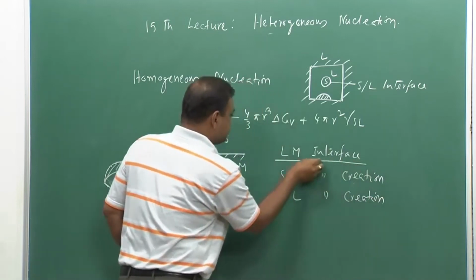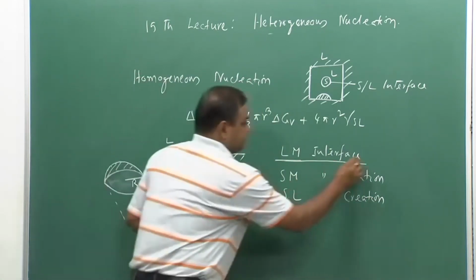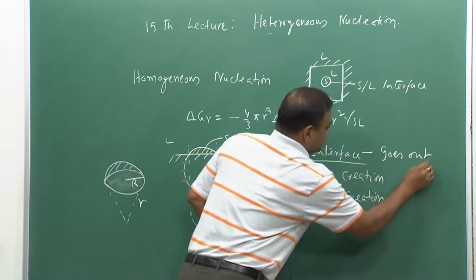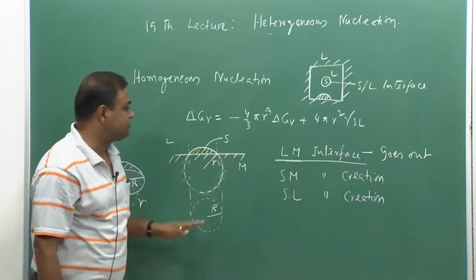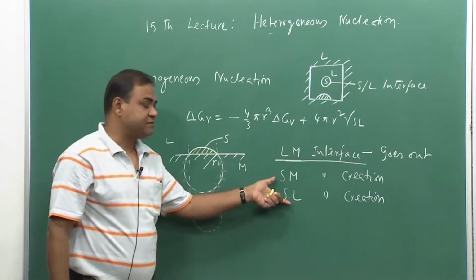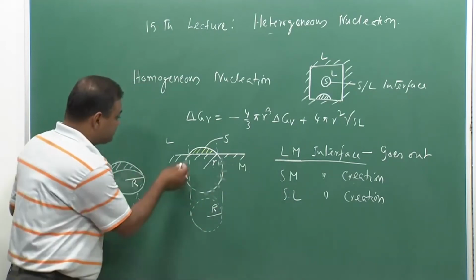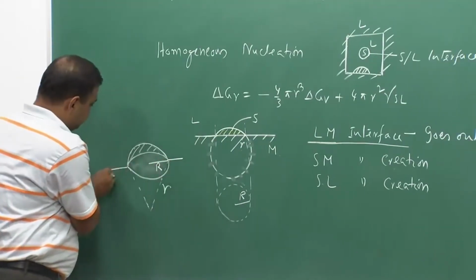Now, what happens to the interface within this zone? That is destruction. That means it goes out, it is destroyed. So, whenever we have this kind of situation, two interfaces are created, one interface is lost, but there is one more interface at this particular junction.